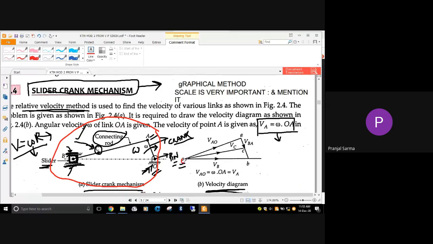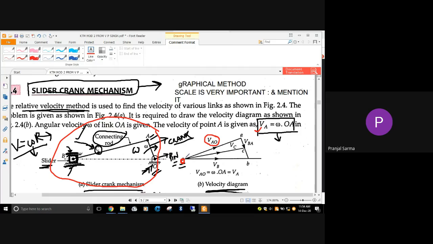We have taken a particular point O, and we have already found out VA, the velocity of point A, which is omega into OA. So we draw the vector oa, which gives V equal to VAO, this particular value.